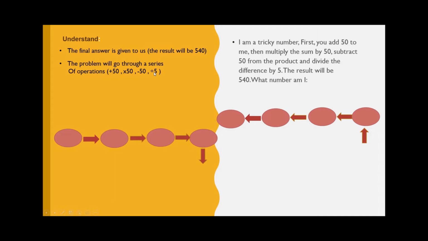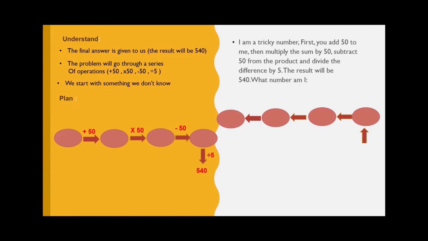Let's plan our solution. We know the final answer is 540. As I told you, we need to start with something that we don't know, a tricky number. Then our number is added to 50.